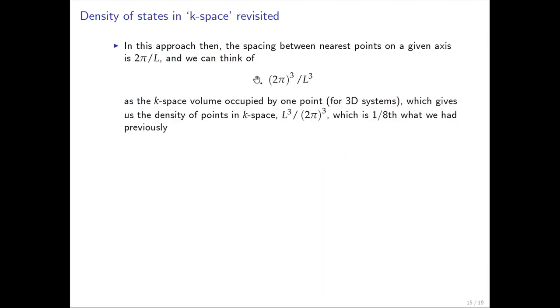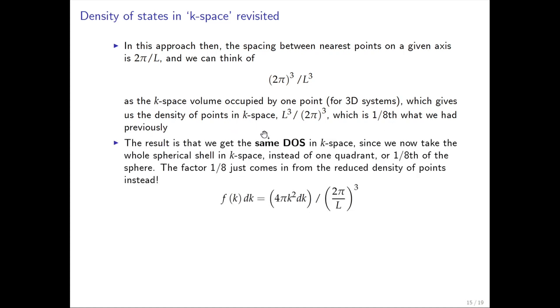In this approach, the spacing between the nearest points on this axis is 2 pi over L instead of pi over L. And you can think of the k-space volume occupied by one point as (2 pi)^3 divided by L^3, and a density of L^3 over (2 pi)^3. You see this density in 3D is 1/8 what we had previously.